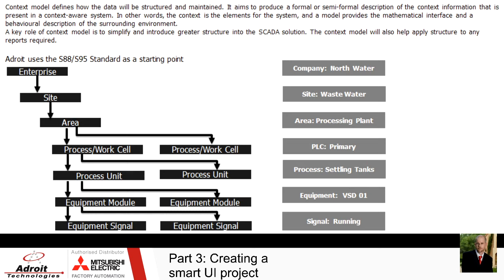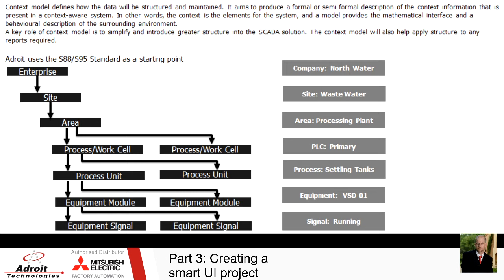Stepping down, we move on to our process cell or our PLC. Again, you could have multiple PLCs in an area or a single PLC. Again, guys, the structure can be edited as you want. Then from there, under our PLC, we have a settling tank.